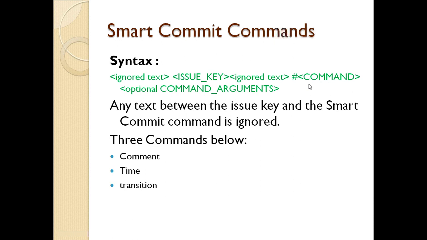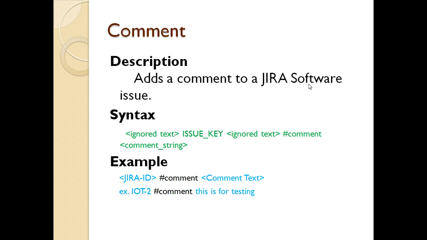So we'll first look at command. Basically it adds the command to JIRA software issues. The syntax for this is the issue key, and then command, and then the command string. If you look at the example given over here, this is the JIRA ID, and then this is the command, slash hash command, and then the command text.